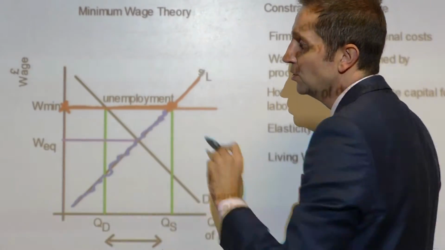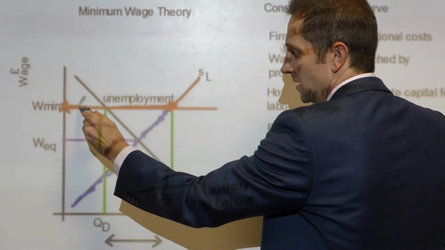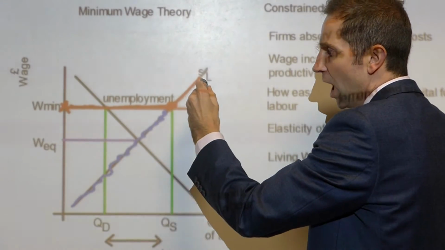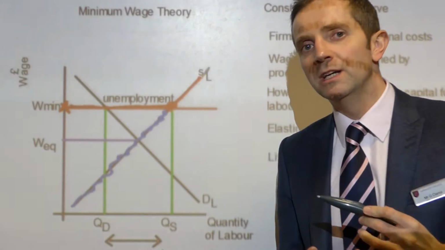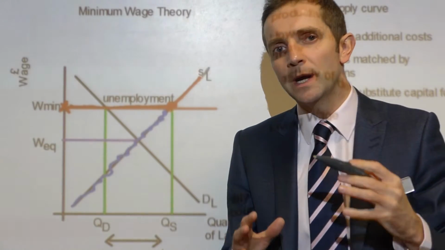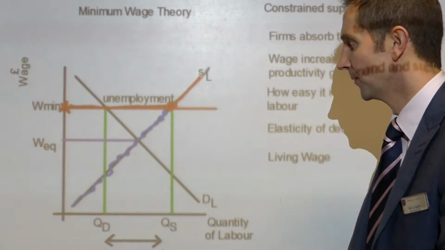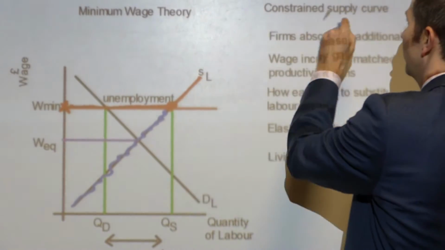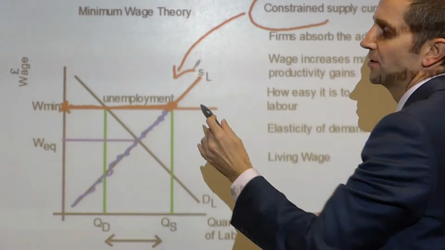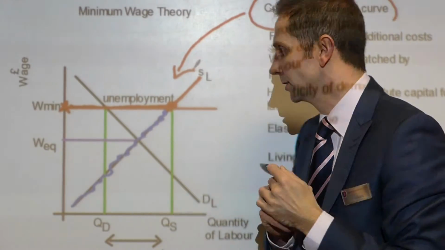And so our new supply curve is actually this, here to here, and then up once we rejoin the original supply curve at a wage rate higher than the minimum wage. Now Peter Smith refers to that in his textbook as the constrained supply curve.